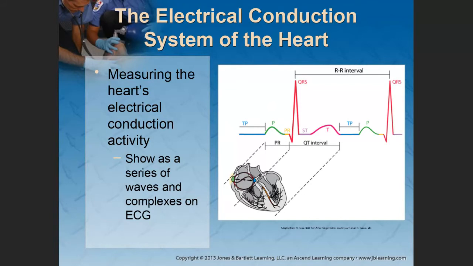Now, important points. All of this that I'm drawing a circle around represents one beat. So from P to T represents one beat. So the RR interval is the distance between your beats, right?